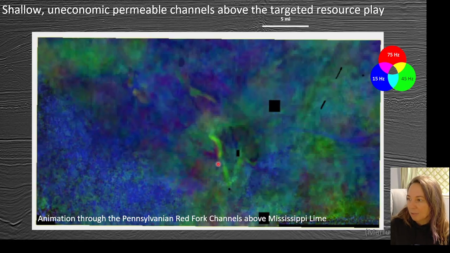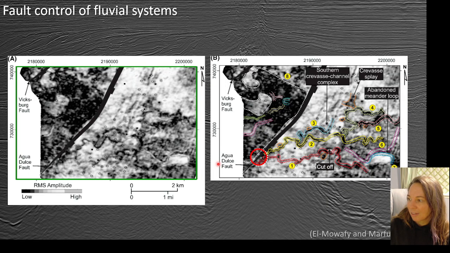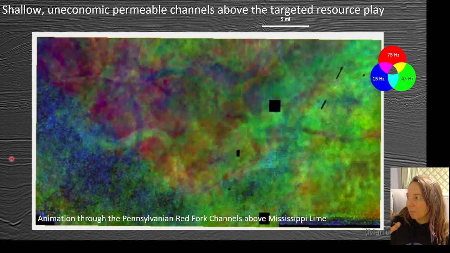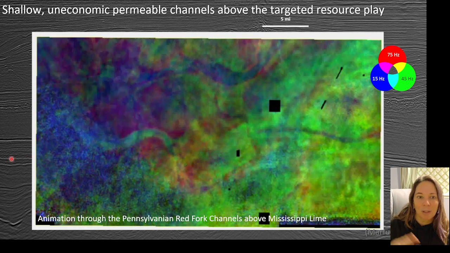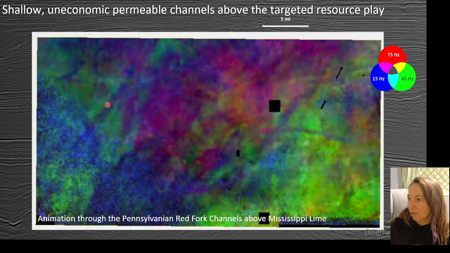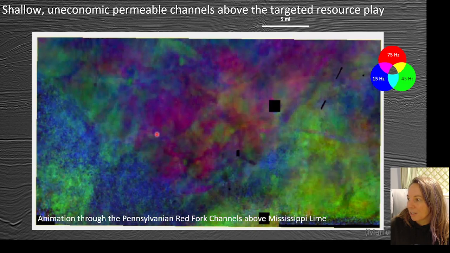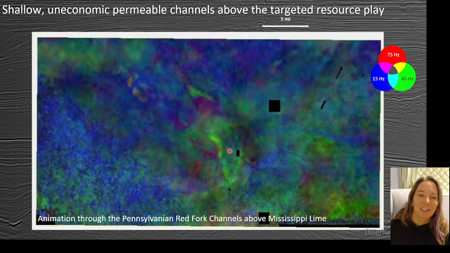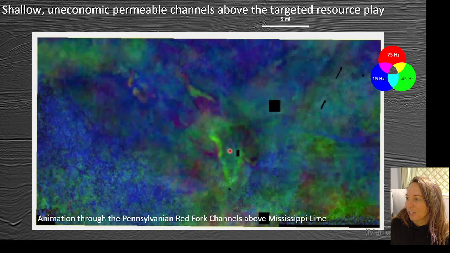And so as we go through these, I'm going to try to make that animation play again. And so as we go through these and we move down in time, we can see that some of these channels are kind of easy to see in the spectral decomposition method of illuminating small-scale channel features.